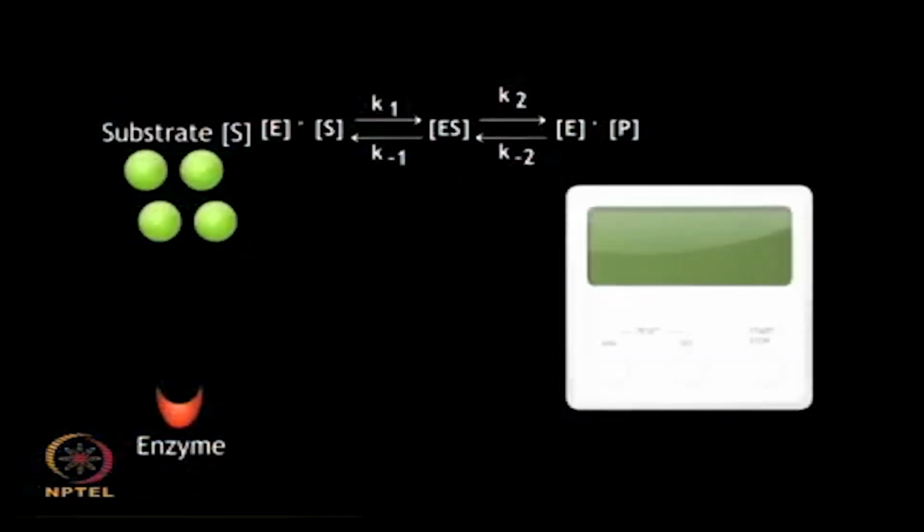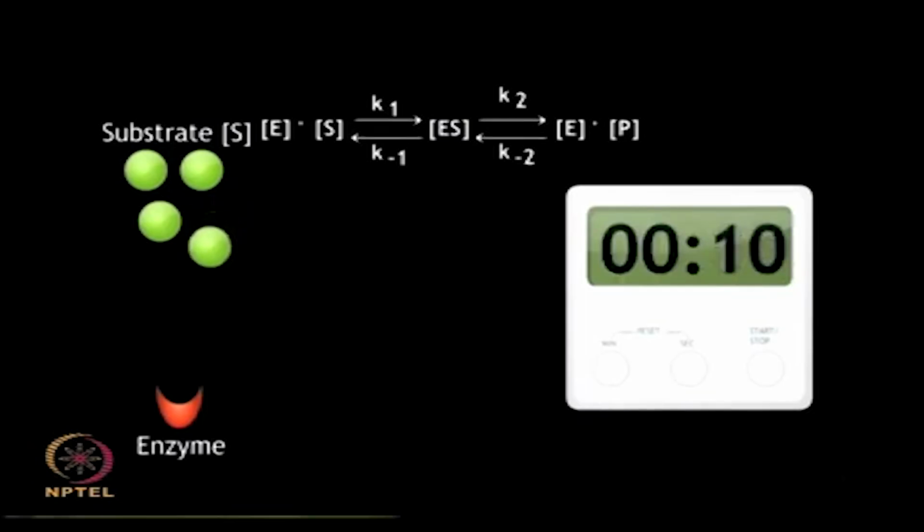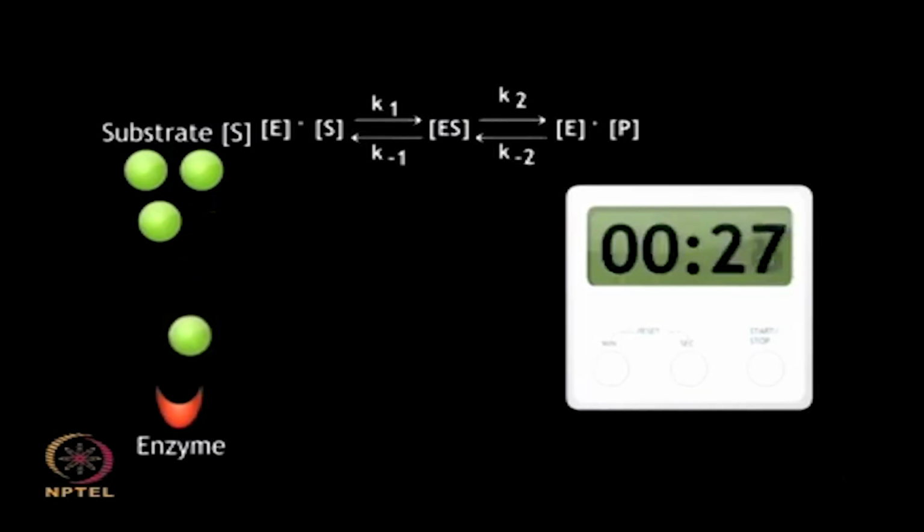Enzymes catalyze the formation of product from its substrate via an enzyme substrate intermediate complex. During the initial stage of the reaction, the equilibrium favors product formation rather than dissociation of the ES complex to give back the substrate molecules.